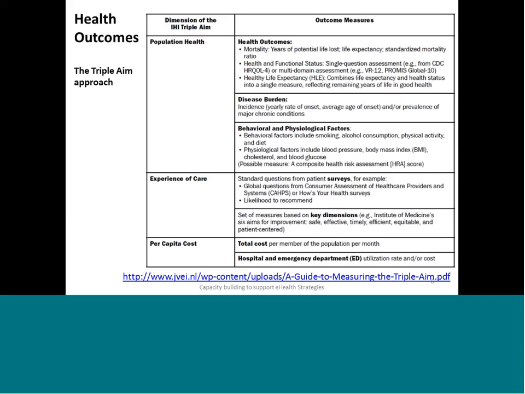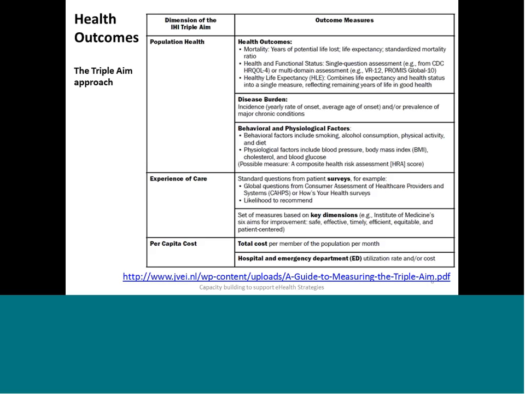You'll see here that for population health, there are outcomes being suggested in terms of the health outcomes and disease burden and behavioural and physiological factors. In terms of experience of care, there are outcome measures that can be made from surveys or various other key dimensions, such as the Institute of Medicine's aims for improvement.